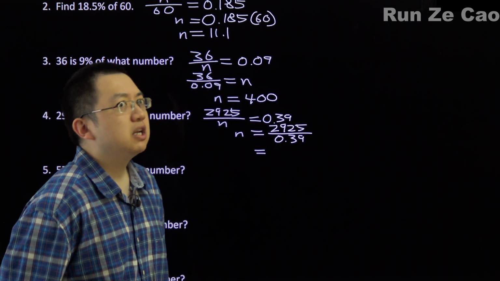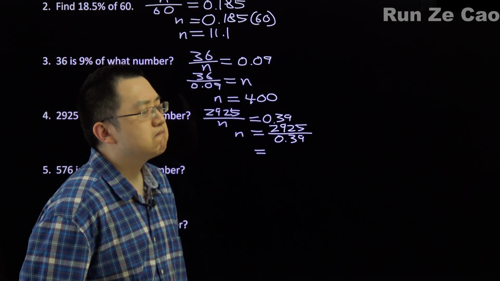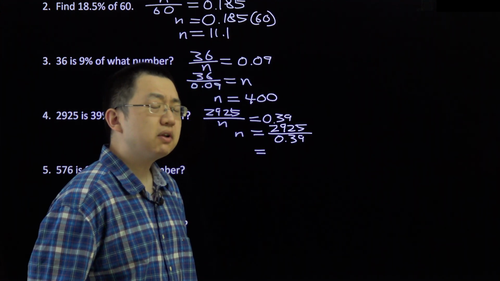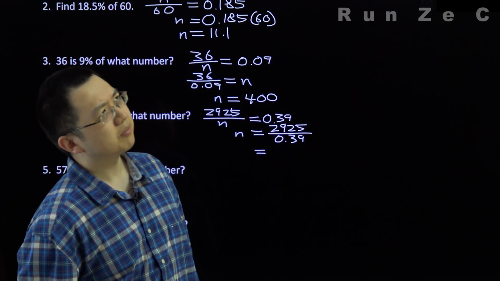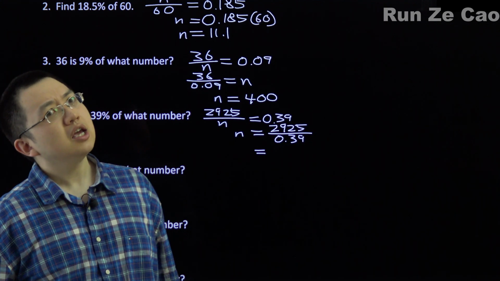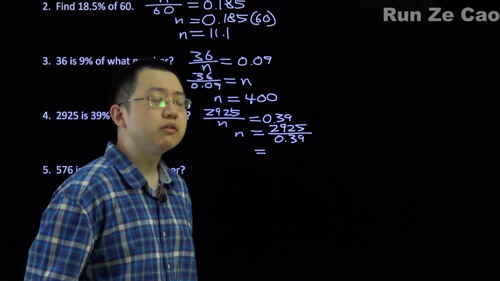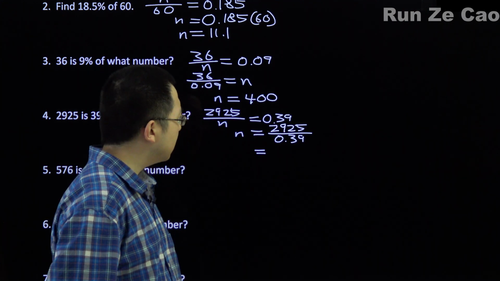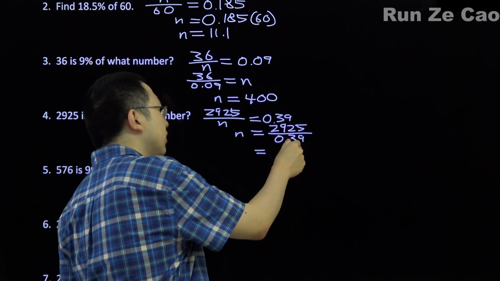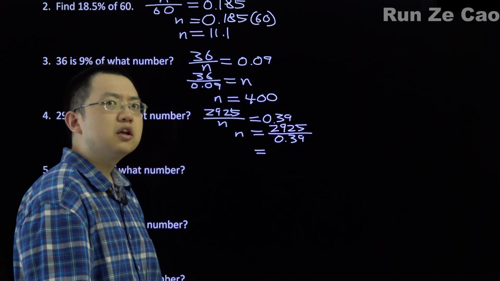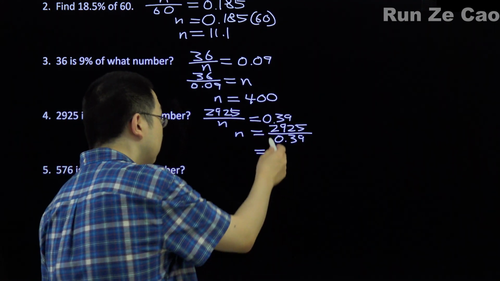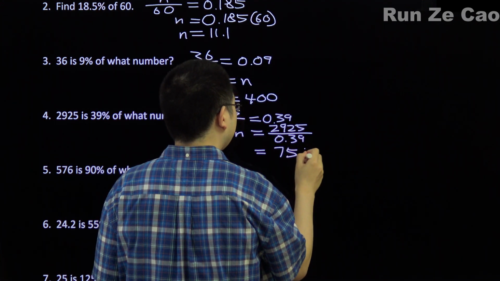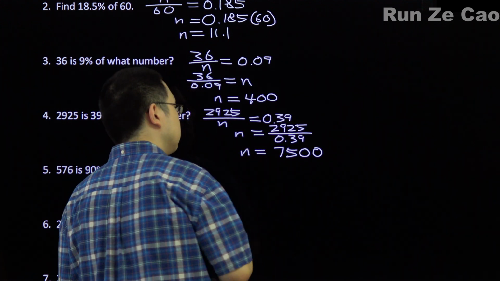Hey, that's 3,000 minus 75, isn't it? Okay. If 3,000 is like 40% of something, then that number must be 7,500. So 7,500, and then we take off 1% from 40% of it. Oh, that's minus 75. Okay, it's 3,000 minus 75. Oh, okay, great. This is 7,500. That's n.